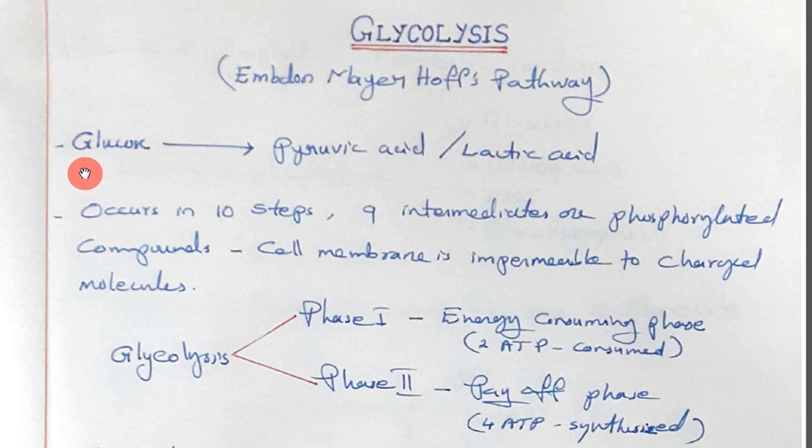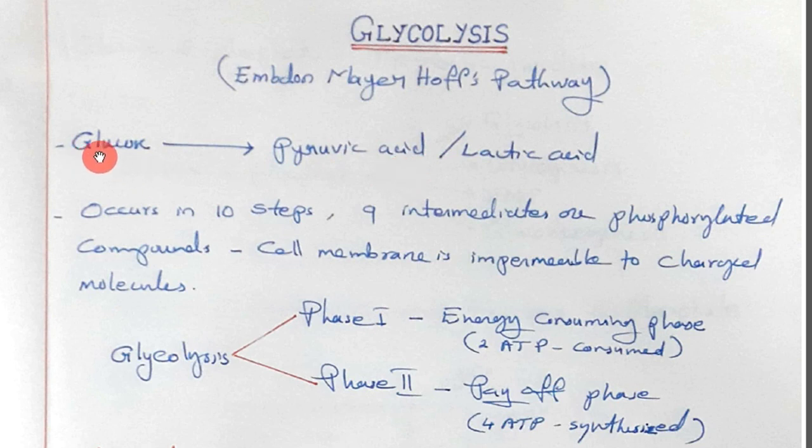Here, a 6-carbon compound glucose is broken down into two 3-carbon compounds, namely pyruvic acid. Pyruvic acid may be later converted into lactic acid. So actually glycolysis is the breakdown of glucose into two molecules of pyruvic acid.